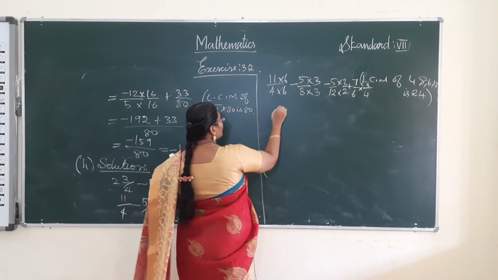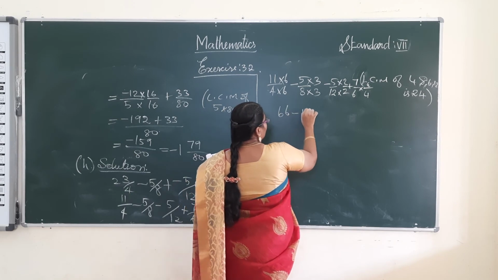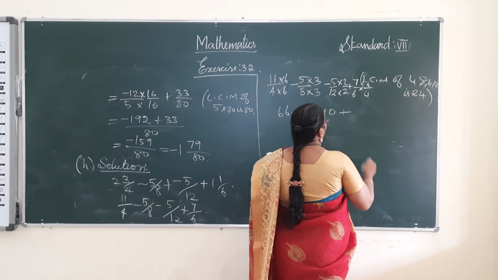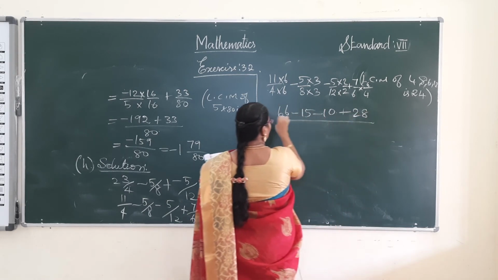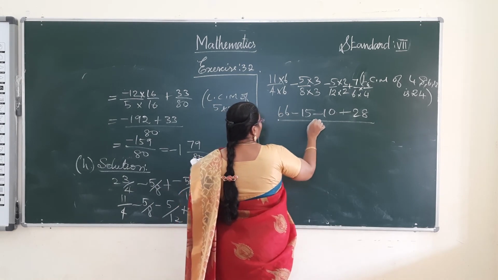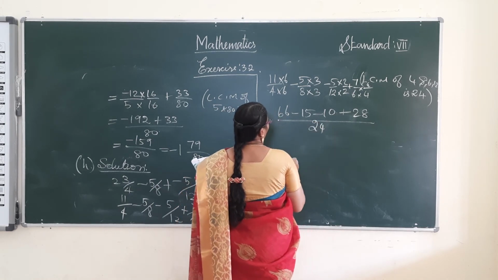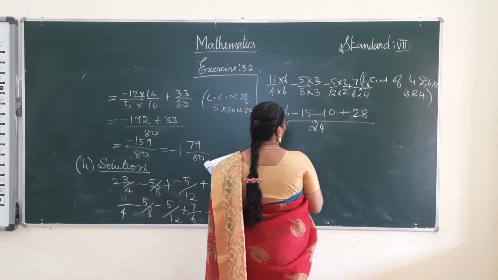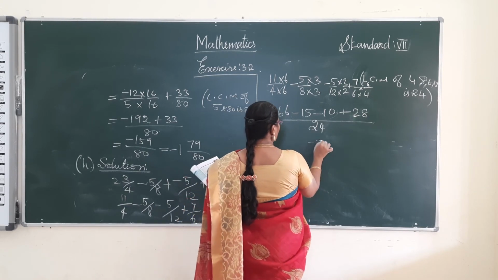So 66 minus 15 minus 10 plus 28, divided by 24. Same operation: minus 15 and minus 10 is minus 25.